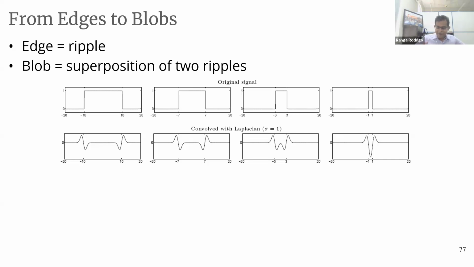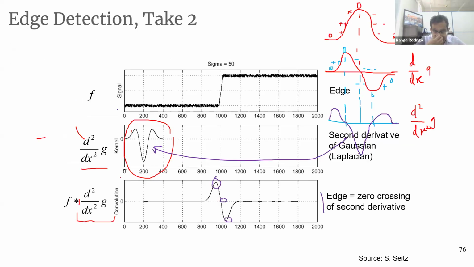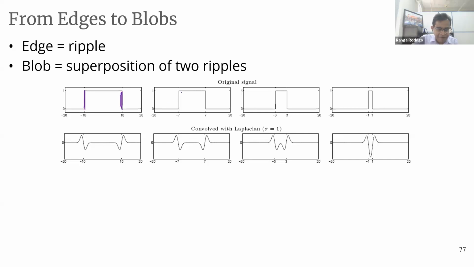All right. Now, we know from the previous one, if this is a one-dimensional image, you can see there is an edge here, and there's an edge here. So from the previous slide, we know that at an edge, the Laplacian of Gaussian filter will give you a zero crossing.